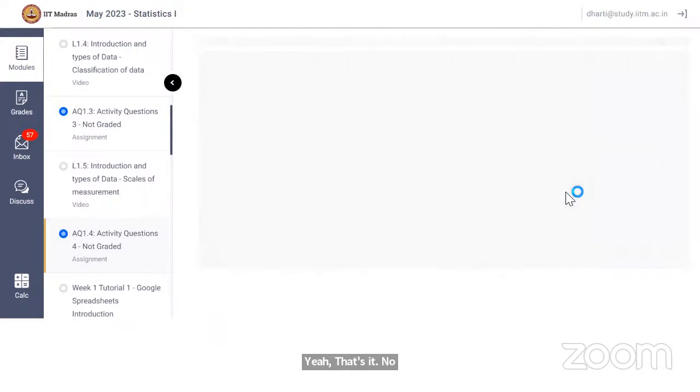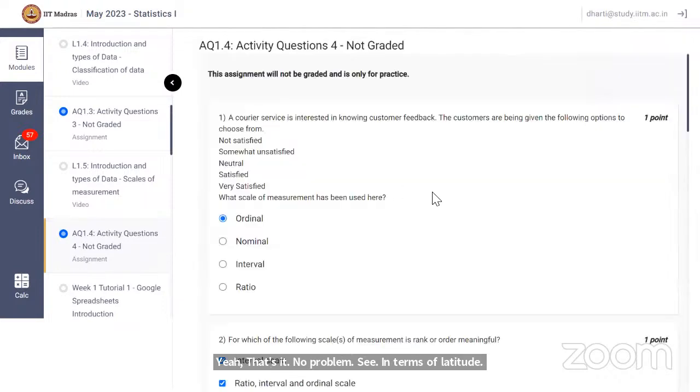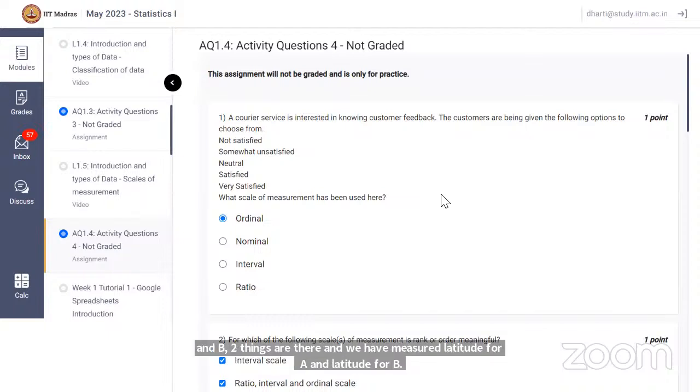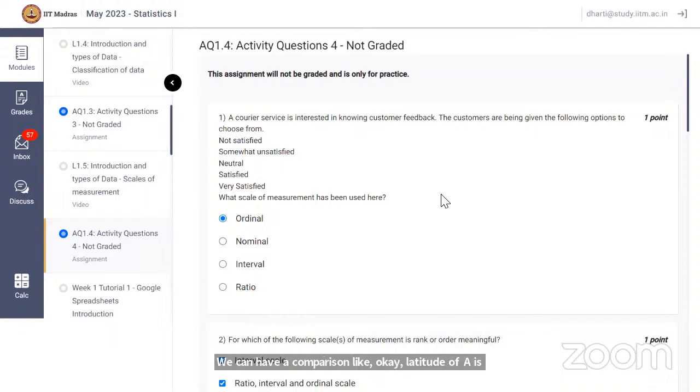See, in terms of latitude, can you make one sentence for latitude? Let's say there are two things, A and B, and we have measured latitude for A and latitude for B. We can compare, like, the latitude of A is double the latitude of B. Does this sentence have some meaning?